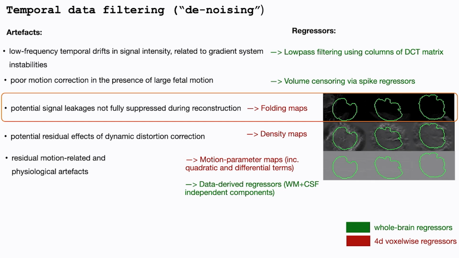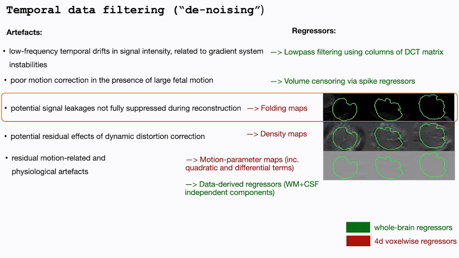We may still have potential leakage artifacts which were not fully suppressed during reconstruction. To deal with this, we introduce a new type of voxel-wise regressor, which we called folding maps.